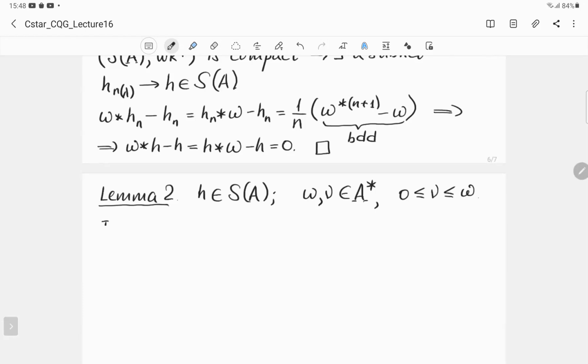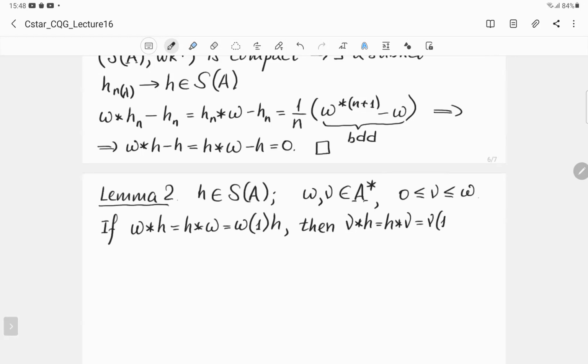I claim that if we have the following identity, omega h equals h omega equals omega of 1 h, then we have a similar formula for nu: nu h equals h nu equals nu of 1 h.